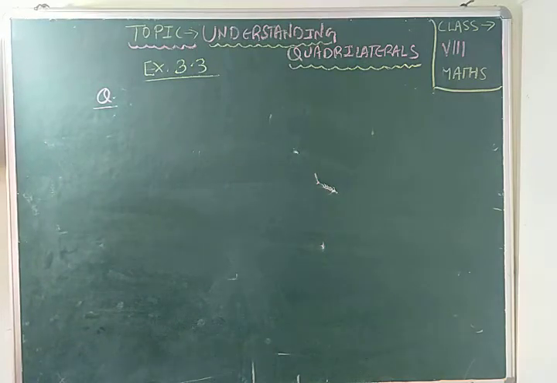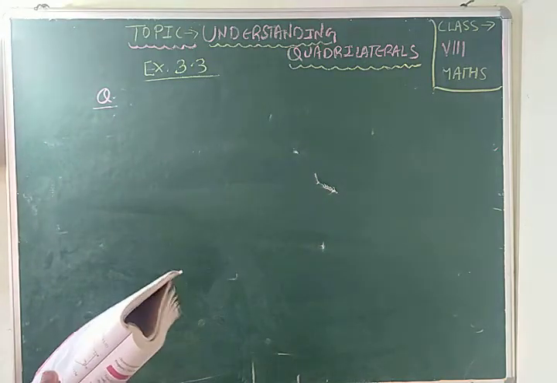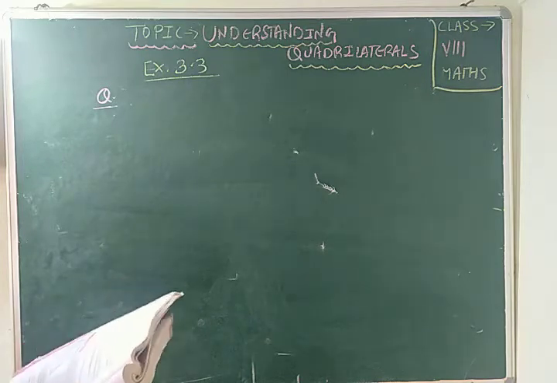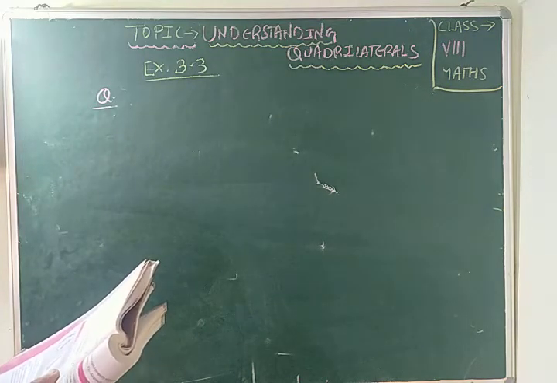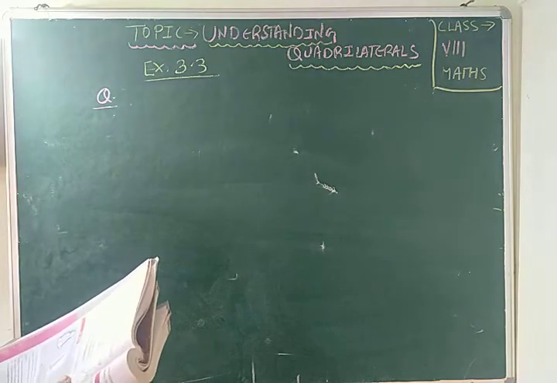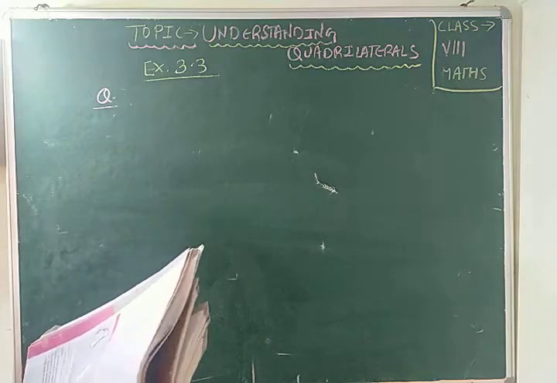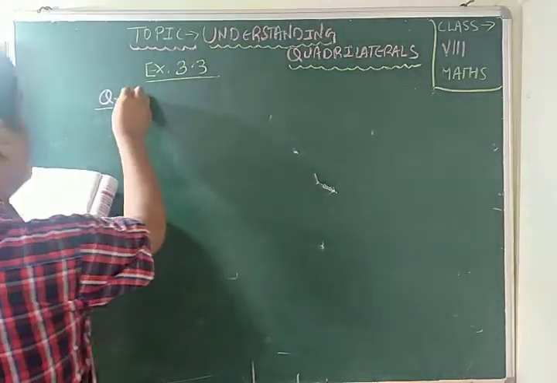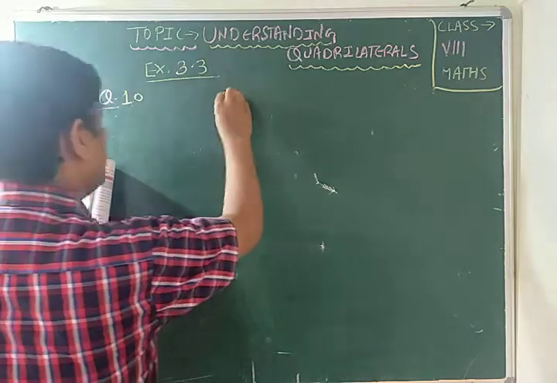Please listen carefully. Here we have to explain how the figure is a trapezium, and which of its two sides are parallel. In figure 3.32, this is the figure for question number 10.